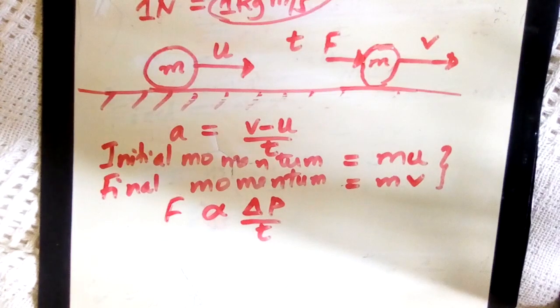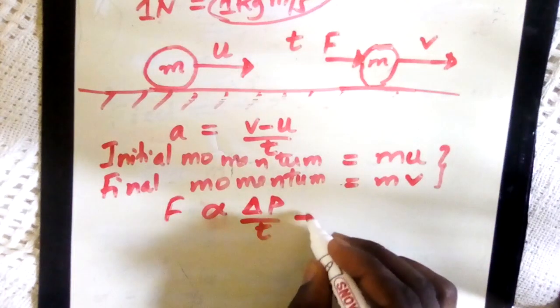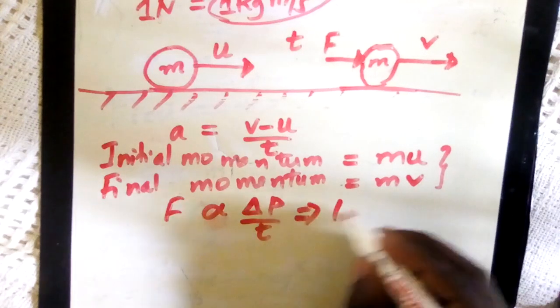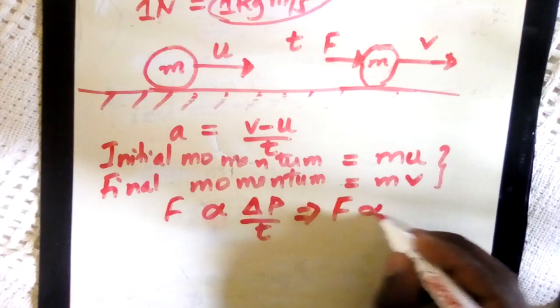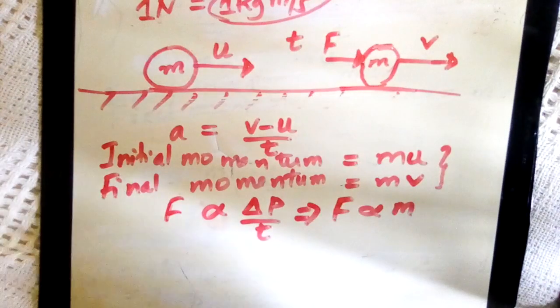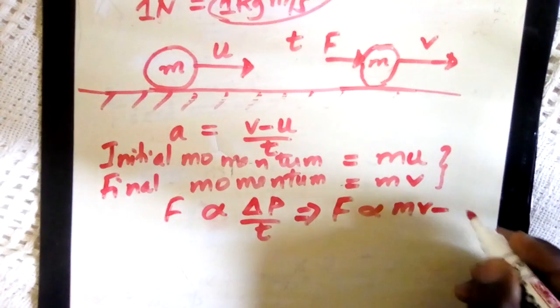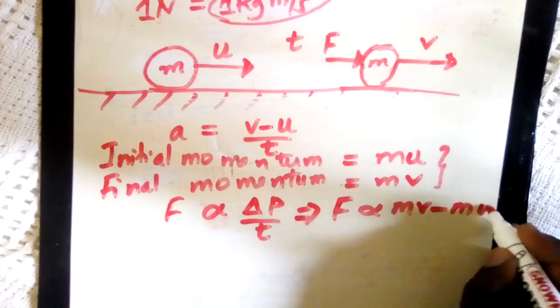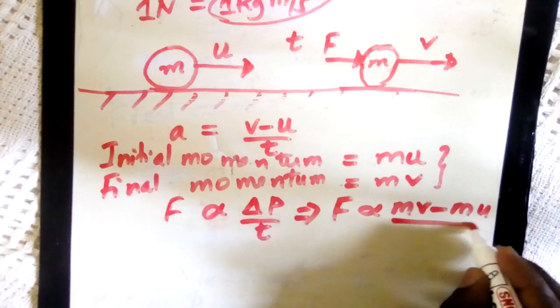We can go ahead and expand this formula: you take the final momentum, subtract the initial momentum, then divide by time.